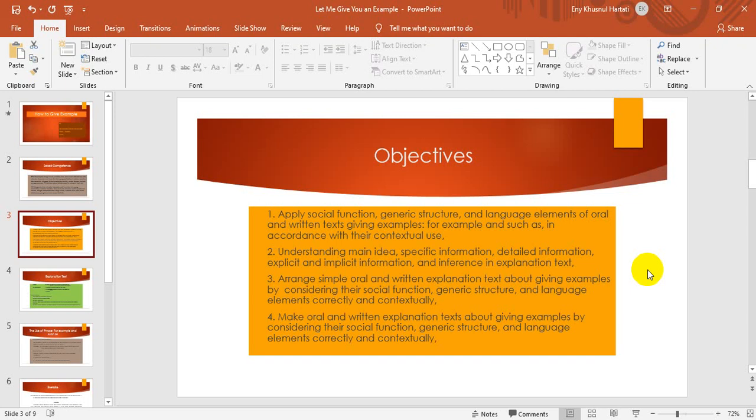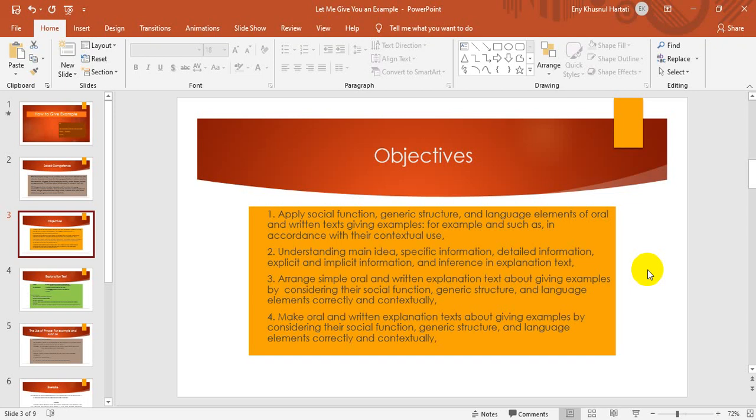Understanding main idea, specific information, detailed information, explicit and implicit information, and inference in explanation text.